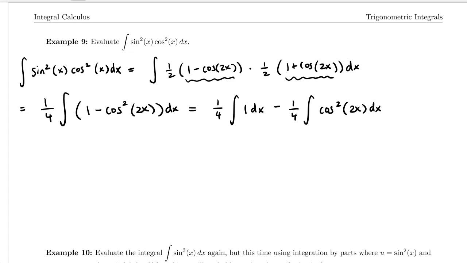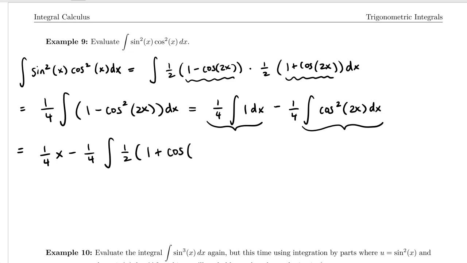And on this integral here, I'm going to use the power lowering identity once again, but be careful, the inside of it is 2x, so we have to be mindful of that. I'm going to go ahead and evaluate this first integral. We get 1/4 x, and then I have minus 1/4 times the integral of 1/2 times 1 plus, and then it would be cosine of 2 times the angle that we have on the inside, so 2 times 2x would be 4x.